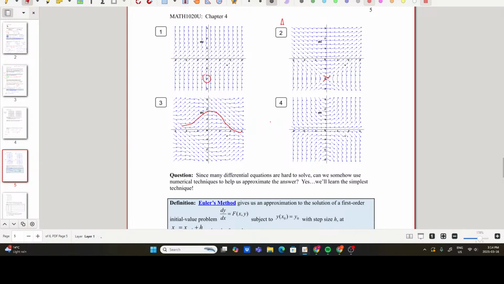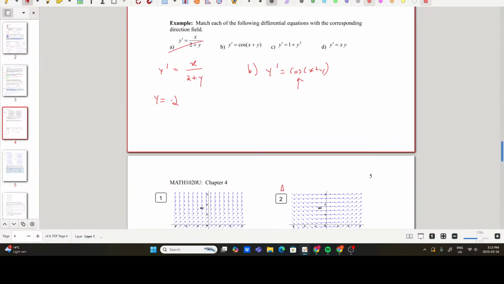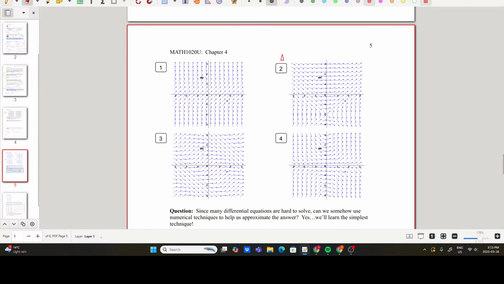But that's just a relative idea. You can see something curvy is going on here, like that, like that. So I'm saying that number 3 should be B. That's what I think.